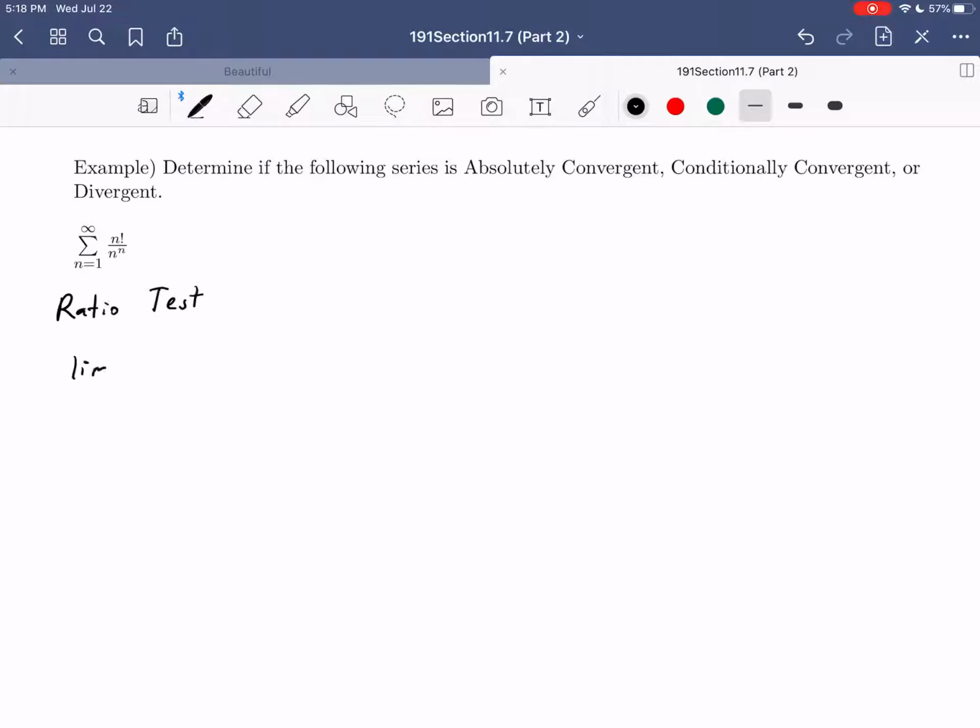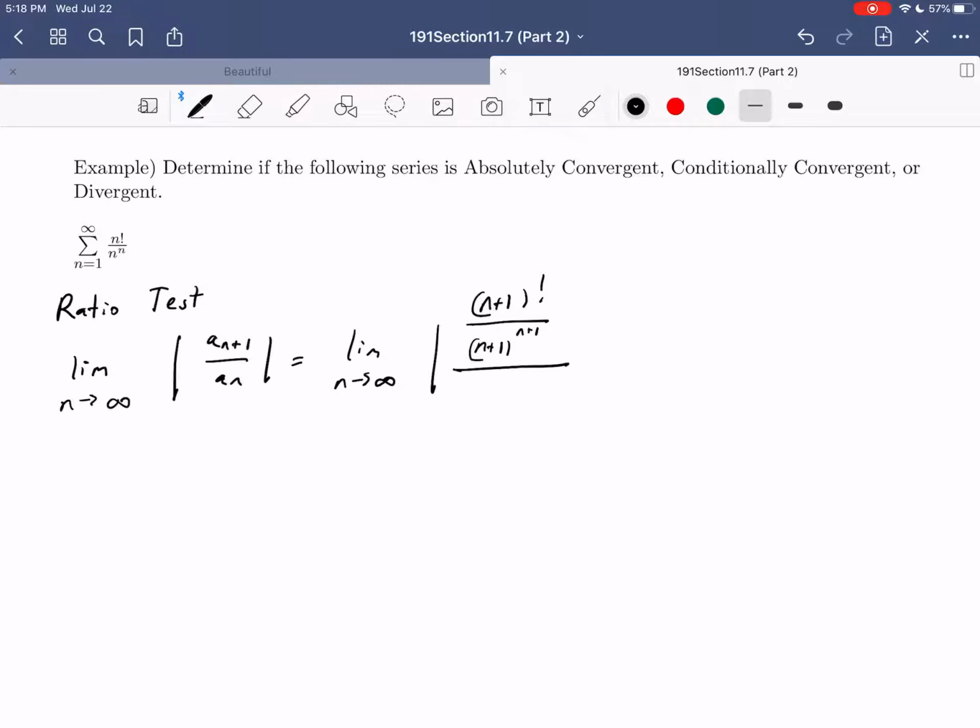So we need to do the limit as n goes to infinity of a sub n plus 1 over a sub n. Well, a sub n plus 1 is just going to be n plus 1 plugged into that. So n plus 1 factorial over n plus 1 to the n plus 1. And then divided by, well, a sub n is just n factorial over n to the n.